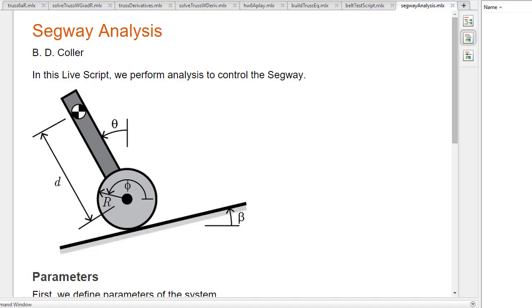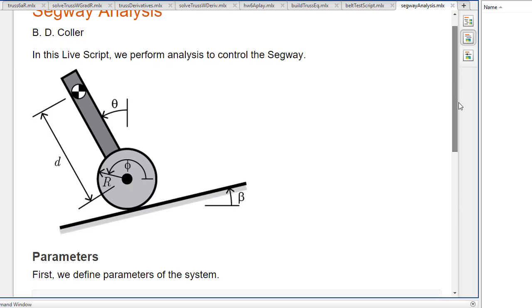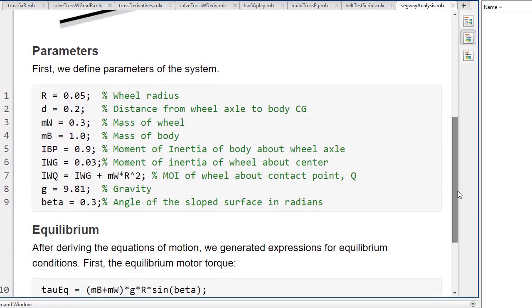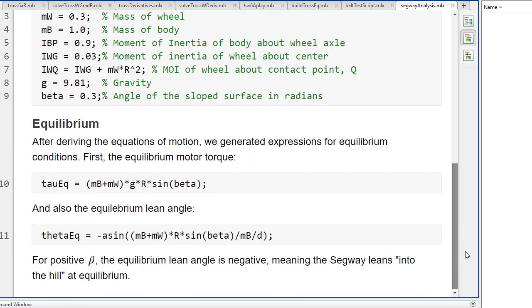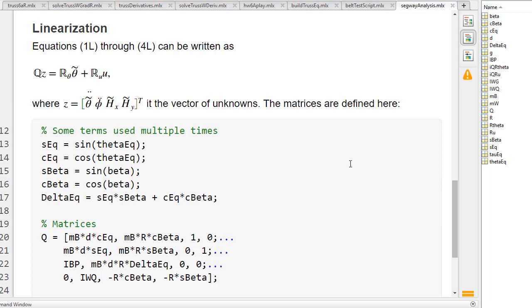You may recall in a previous video we had started this MATLAB live script called Segway analysis. This is where we define parameters, we solve for the equilibrium motor torque and the equilibrium lean angle, and we're going to continue this document to determine the system of linear equations. All right, so now the part we're going to add is the linearization.